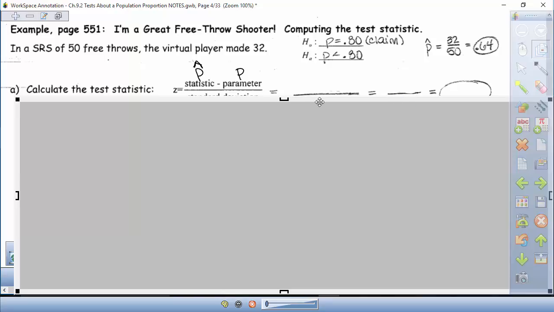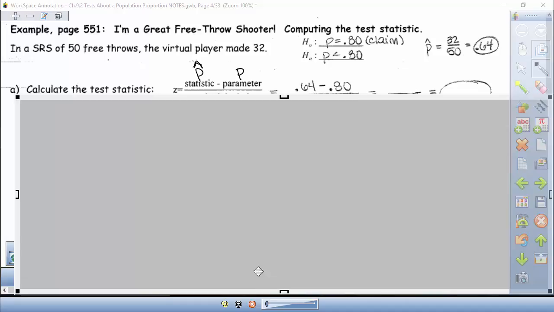What number? 0.64. And what is my parameter in this problem? What's the p? 0.8. 0.64 minus 0.80. Statistic minus parameter. If you flip those, it's going to mess up your problem. Be careful. On the bottom is your standard deviation.